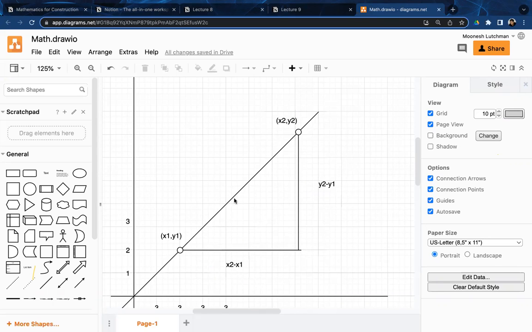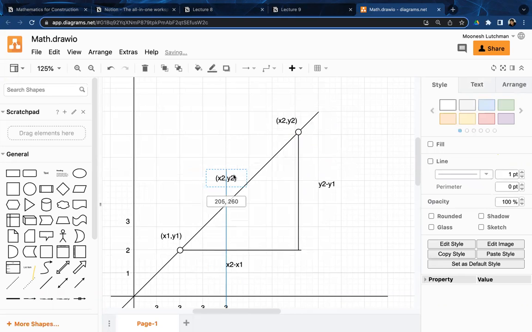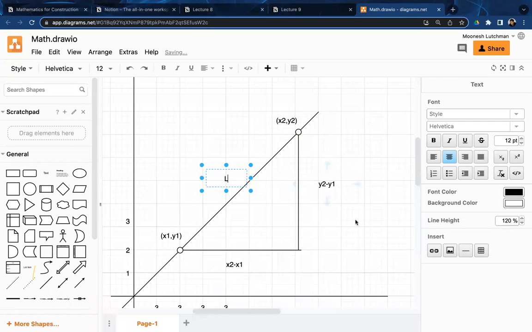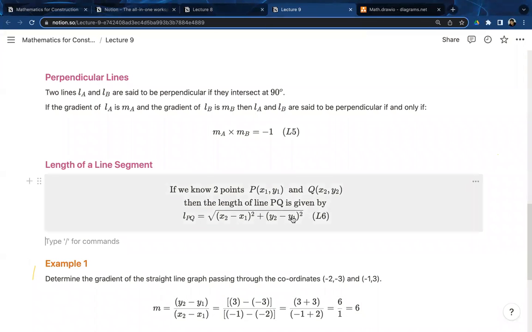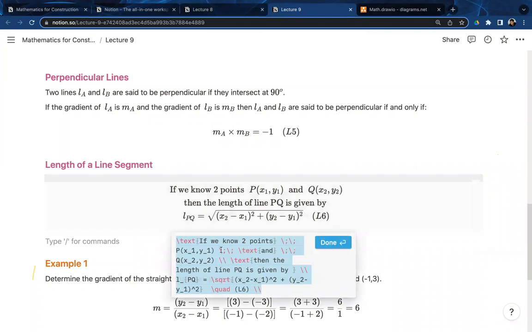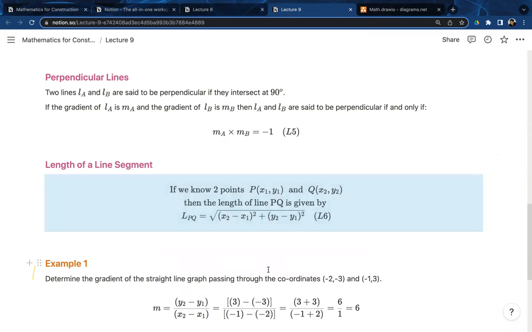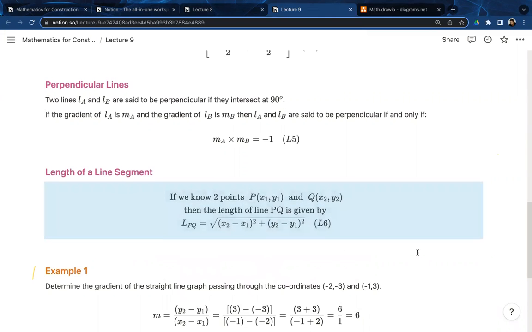So if you want to call this L, then L squared is equal to y2 minus y1 squared plus x2 minus x1 squared, right? That's what we have here. That's really the length, right? So I would use a capital letter L, LPQ. That's the length of line segment PQ, and you use Pythagoras' theorem for that.